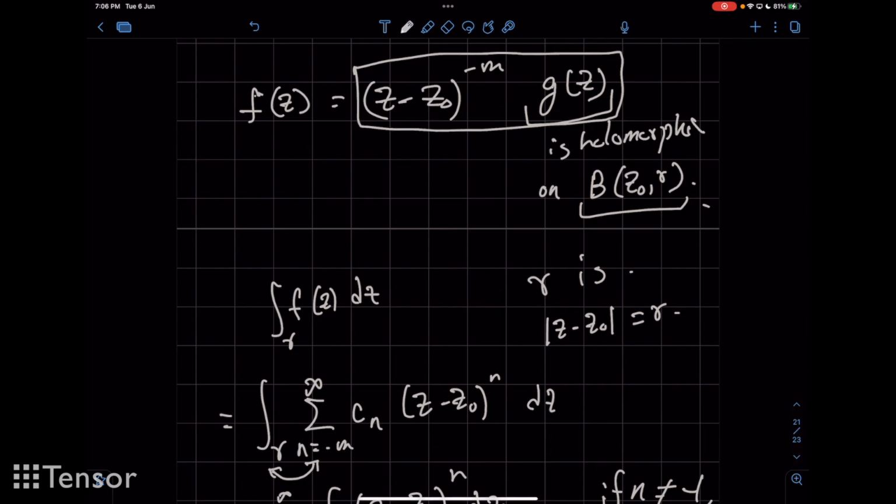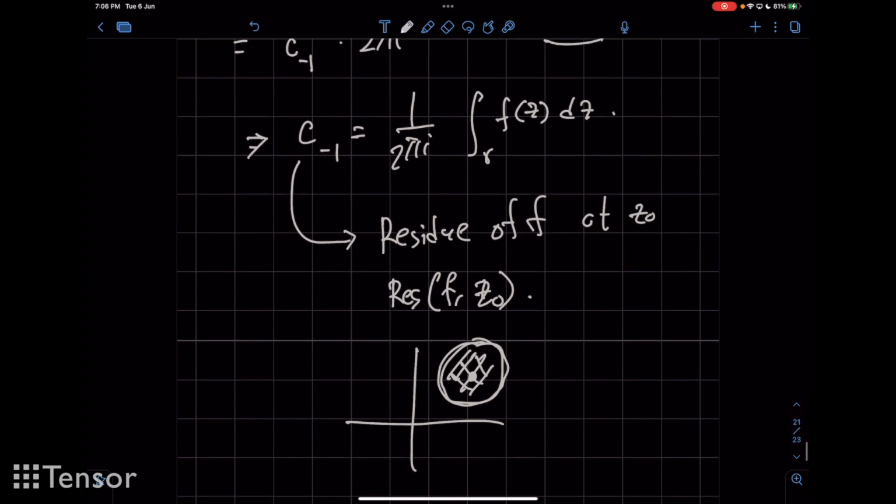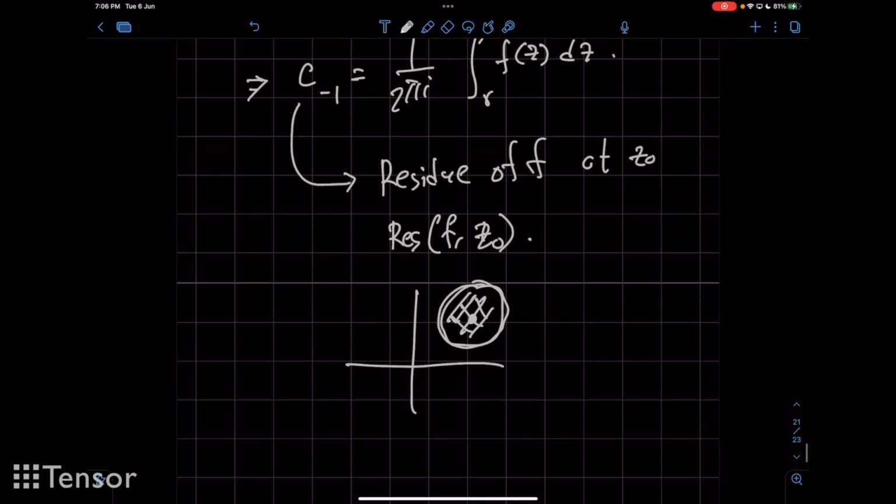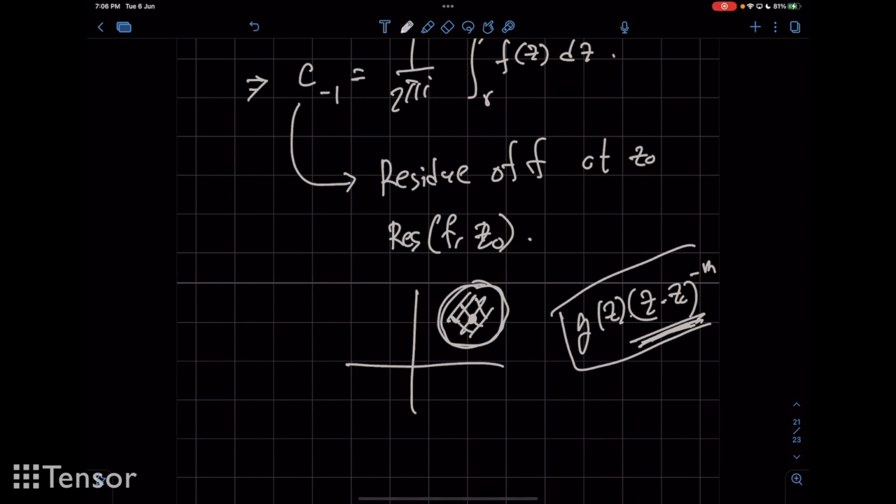If I multiply a holomorphic function with another holomorphic function, the product is holomorphic on the whole open ball except the center. So we use the assumption that inside the region the curve encloses, there is only one pole.